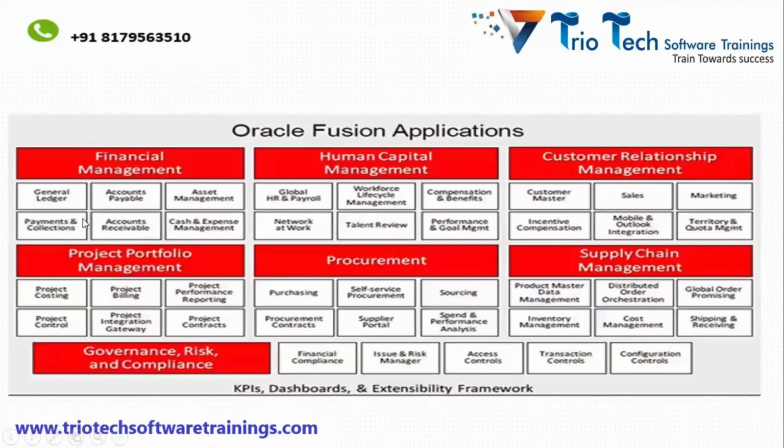Just to give you a gist and understanding of what these are, because this is a mix of a population and not everyone would be familiar with them. General ledger as an application: what is it? Basically it maintains all the accounting related information.